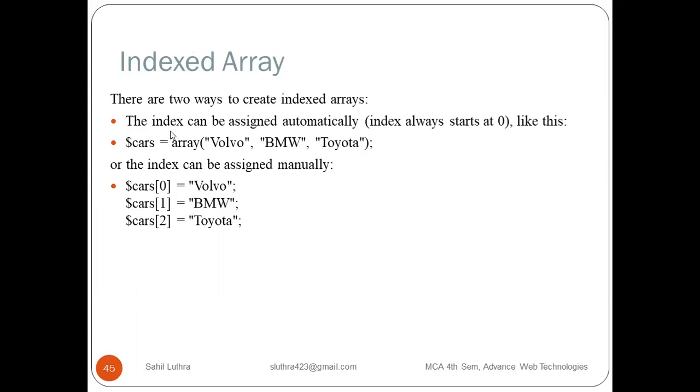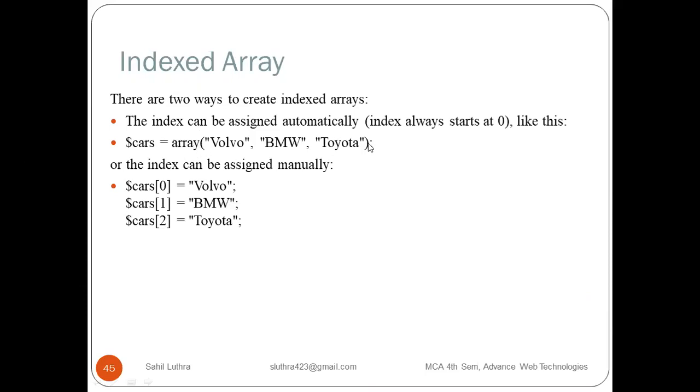Here we are going to create an array. You know that first you have to create a variable. You know the syntax of creating a variable. First of all, you use the dollar sign, after that the name of the variable, and after that the value which you want to pass to your variable. So here we create a variable. $car is the name of our variable, and after that is the assignment operator.